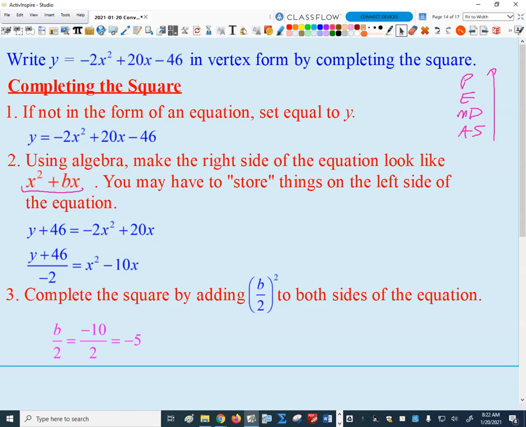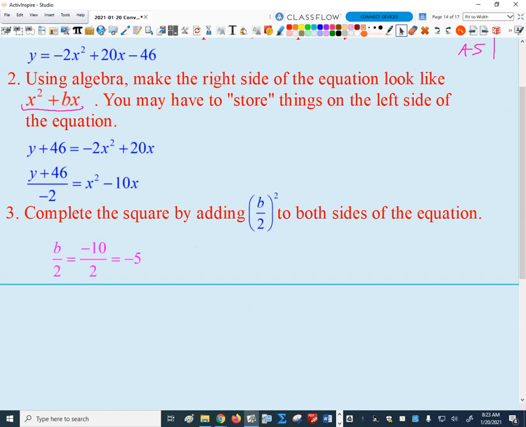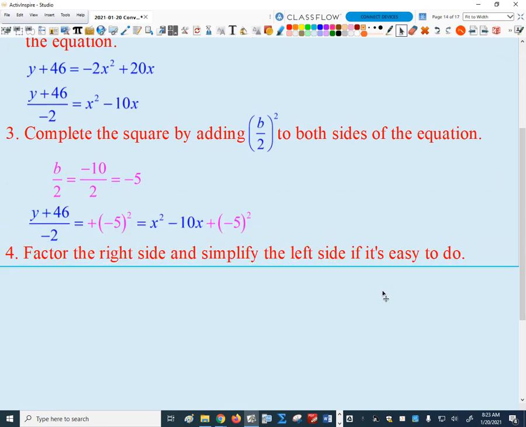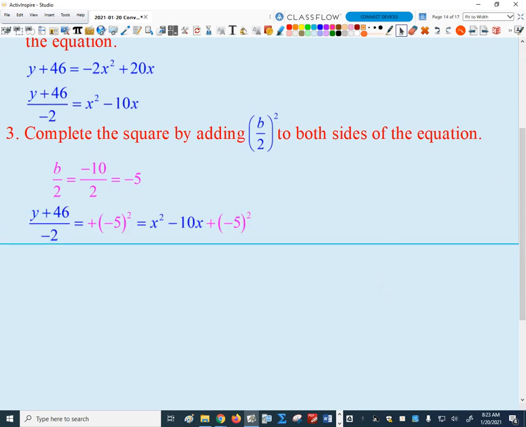Well, half of the coefficient of x, -10, is -5. So I'm going to add -5 squared to both sides, right?